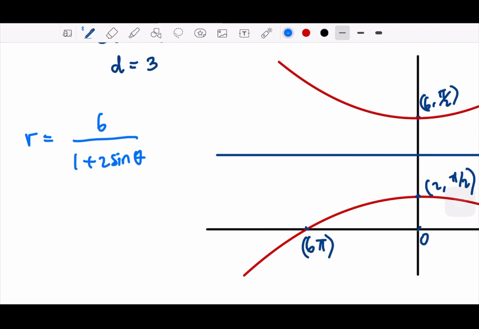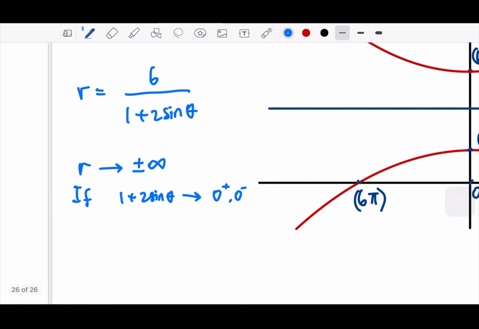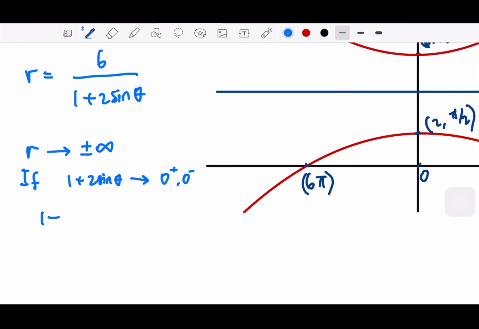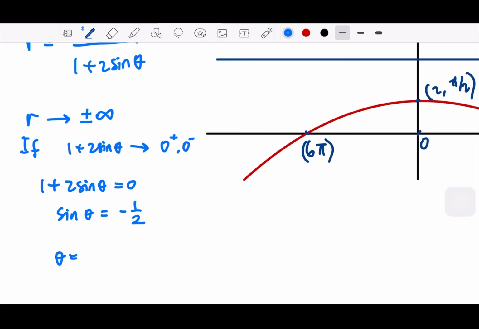We will have r going to positive or negative infinity if 1 plus 2 sine theta is going to 0, from the right or from the left. If we set this to 0, then sine theta will be negative 1 over 2, which means theta will be 7 over 6 pi and 11 over 6 pi.